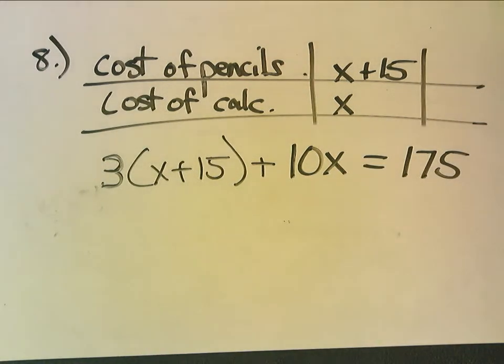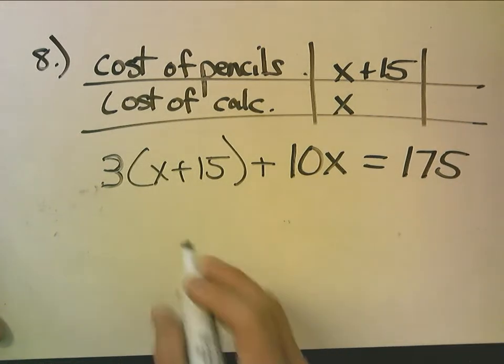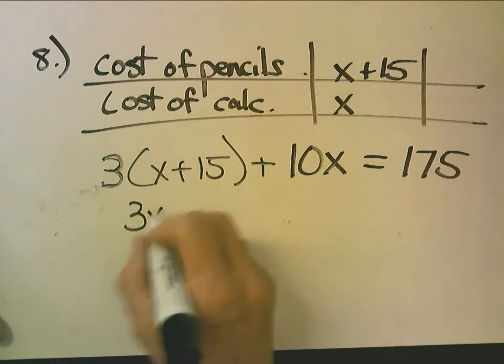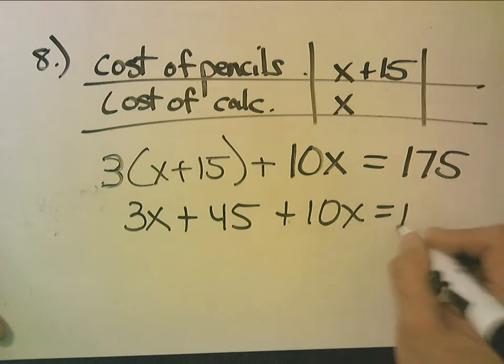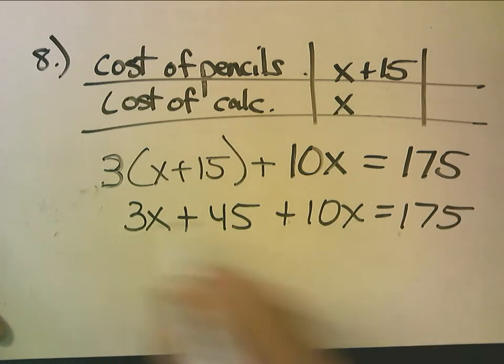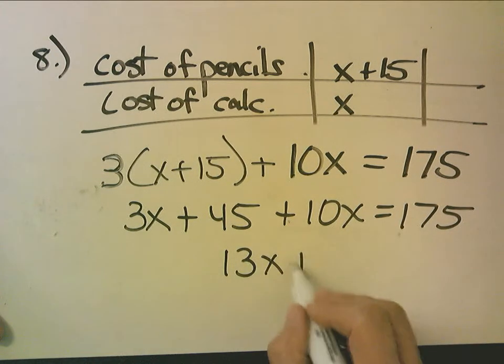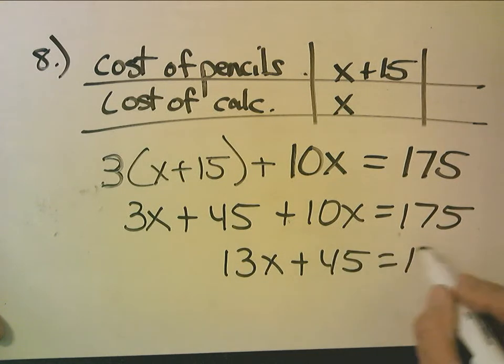So I have to do 3 times the cost of pencils plus 10 times the cost of calculators and set it equal to 175. So 3x plus 45 plus 10x equals 175. I combine my like terms. 13x plus 45 equals 175.